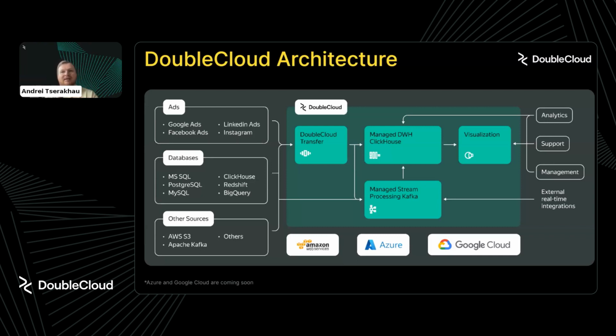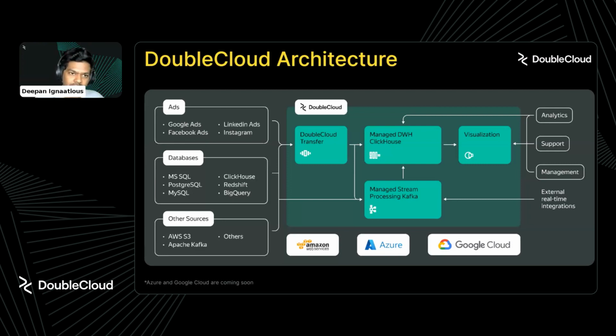All of them have their own pros and cons, and some customers want to stick to AWS, others to GCP. We build everything with cloud agnosticism in mind, and that allows Transfer to be a reliable and easy-to-use tool for building pipelines.